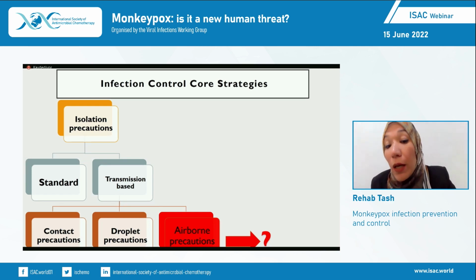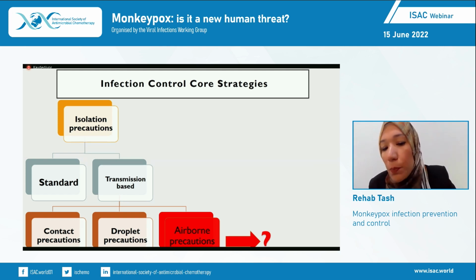So do we have to implement airborne precautions or shouldn't we? In fact, as an extra precaution, some countries implement full airborne precautions. However, WHO says to just use an N95 respirator, for example, adding it to droplet and contact precautions, and that's enough.